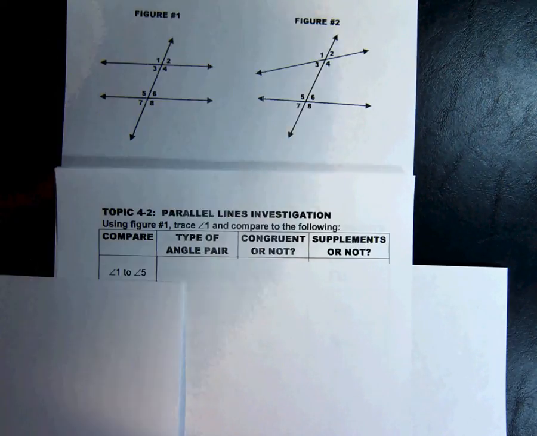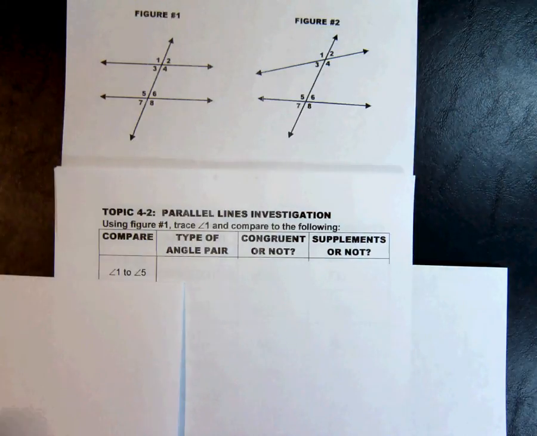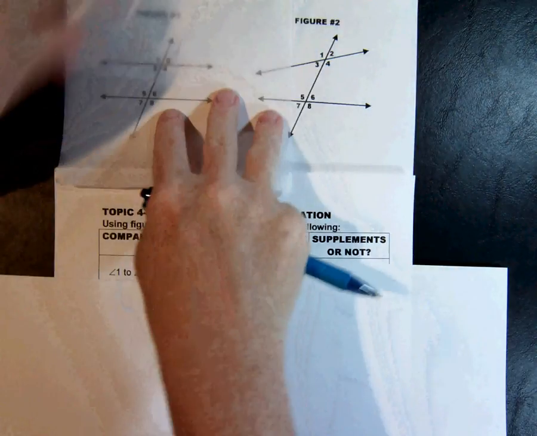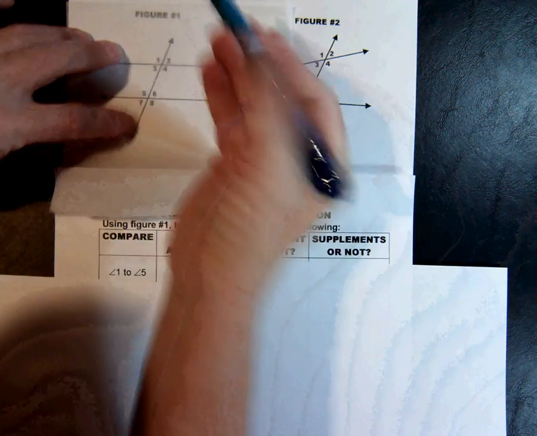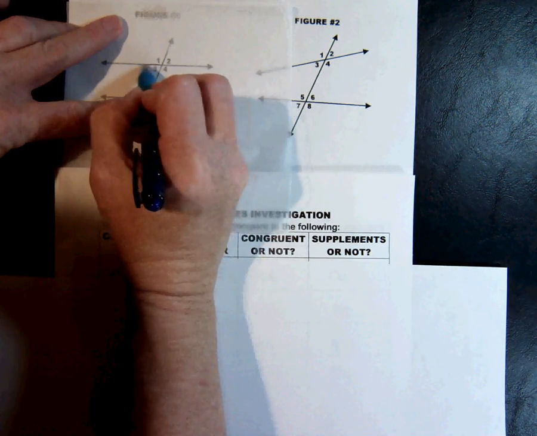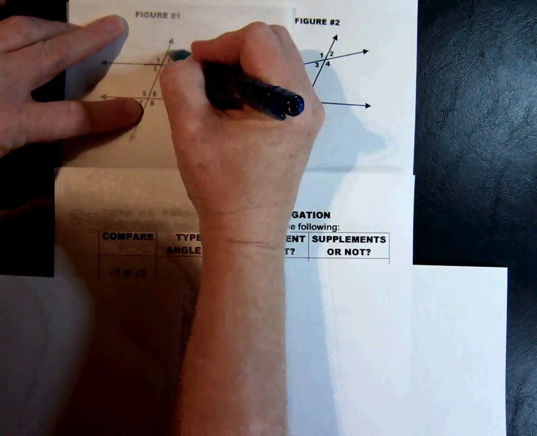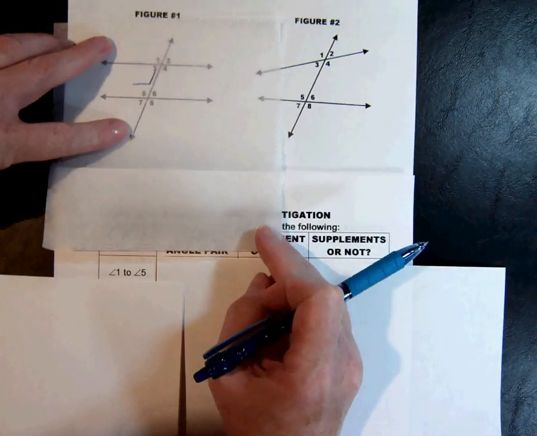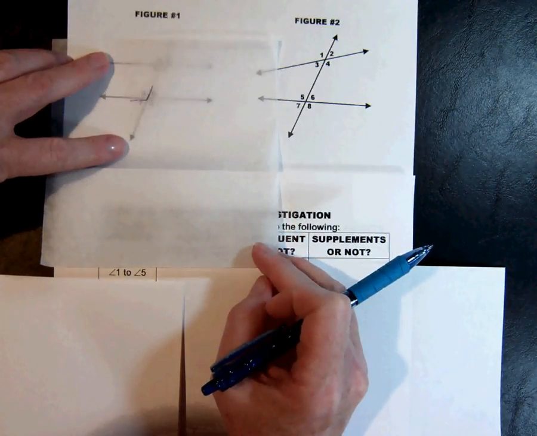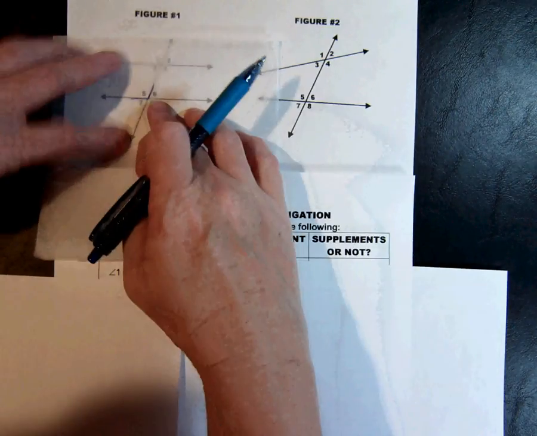ask your teacher for a piece of patty paper. Take the patty paper and put it on top of figure 1 and trace it. So what I mean by that is just trace this angle and then compare it by sliding it down. They're asking us to compare it to angle 5.